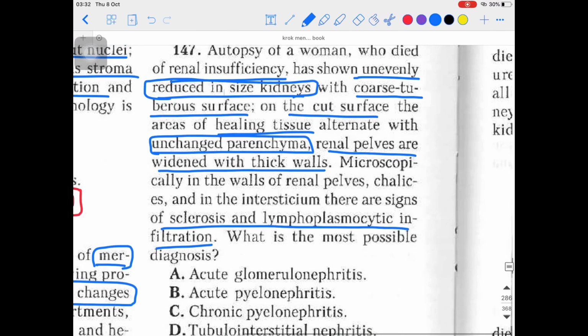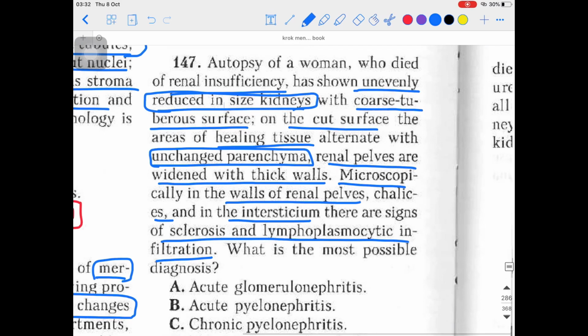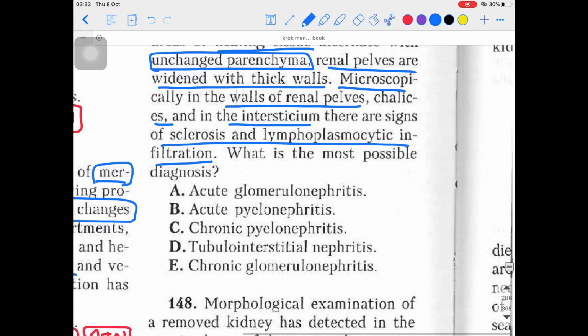Microscopically, they also mentioned signs of sclerosis in the wall of the renal pelvis, calyces and the interstitium, and I told you there is lymphocytic infiltration. There can be microscopic changes in the tubules, interstitium, blood vessels, pelvic calyceal system and glomerulus, so many changes can be seen there, but the main things are that kidney size is reducing, there is a coarse tubular surface, and thyroidization of the tubules will be seen. Where? In chronic pyelonephritis.